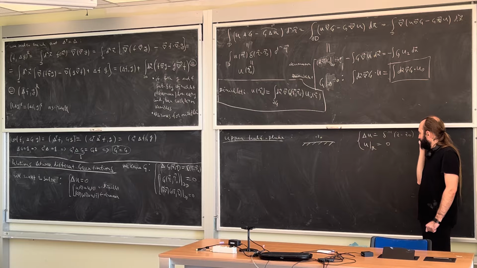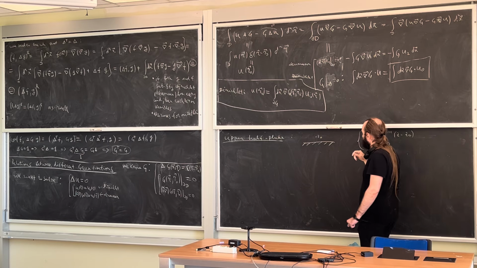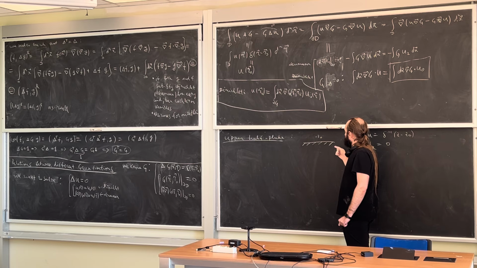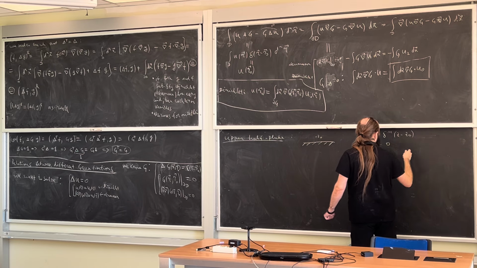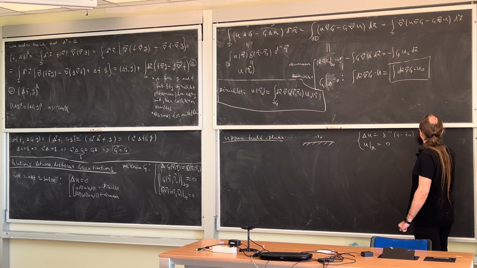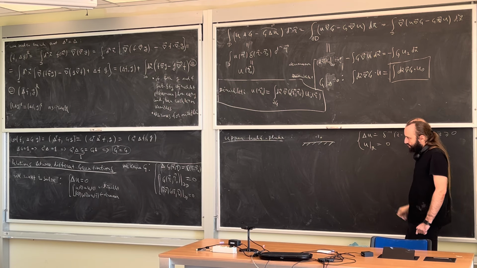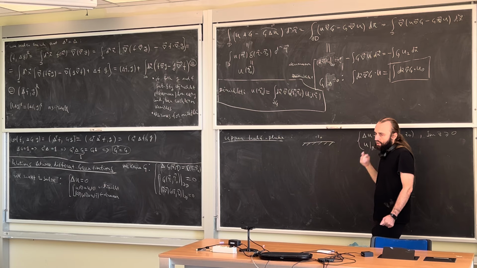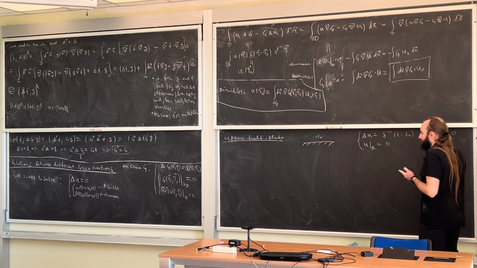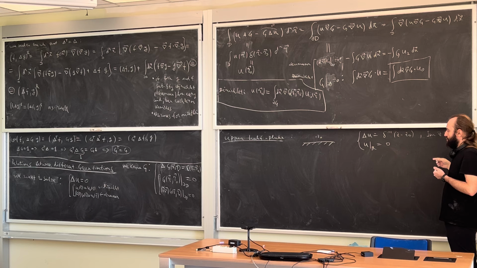The gain function is proportional to the charge and to the logarithm of the distance to this point, and we want to solve this equation only for the imaginary part of z greater or equal than 0. We want to solve it in the upper half plane, so in principle we can add arbitrary images in the lower half plane.